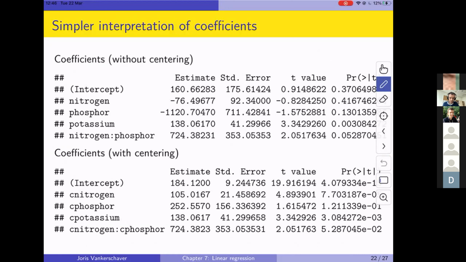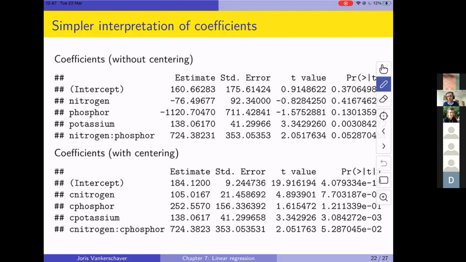You have to be a bit careful when you look at your coefficients when you have centered your model. Before, we could make this interpretation: my slope is what happens to my outcome if I keep everything constant and I just increase one variable by 1.